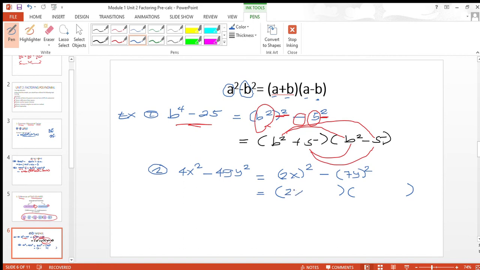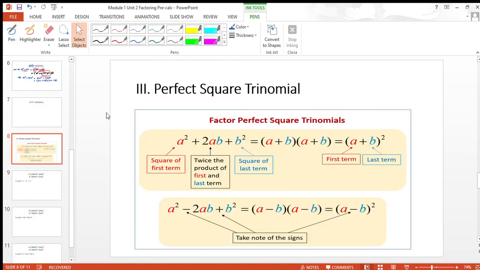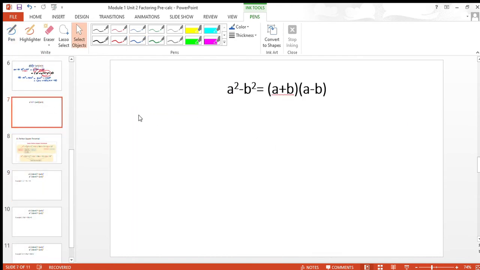We copy the first term plus we copy the second term. First term plus the second term multiplied by the first term minus the second term. Okay?